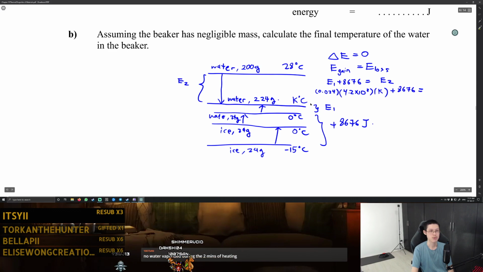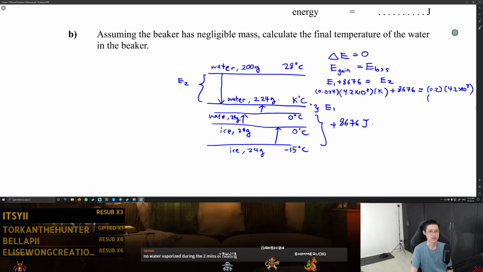And then E2 is going to be the loss. So the loss itself is defined as a positive number, okay? So we don't have to put a negative here. So M is going to be 0.2 times 4.2 times 10 to the power 3. And then you start at 28 degrees and then go down to K. So that's going to give me 28 minus K.